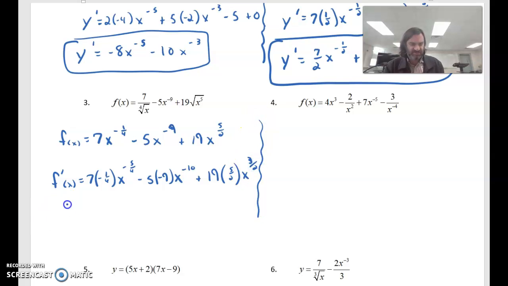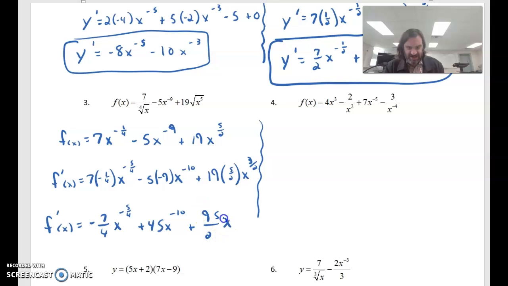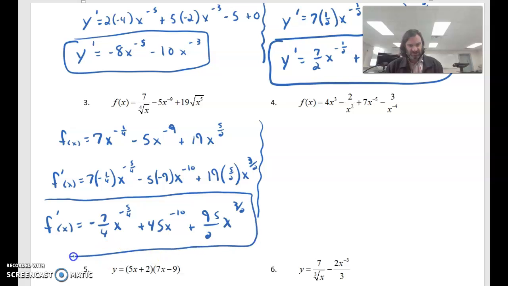So a little bit of cleanup there because you don't want to leave it that messy. We're not going to over clean it up, but then it'll be negative 7/4 x to the negative 5/4 plus 45 x to the negative 10 plus, I believe that's 95 halves x to the 3 halves. So that's our derivative.